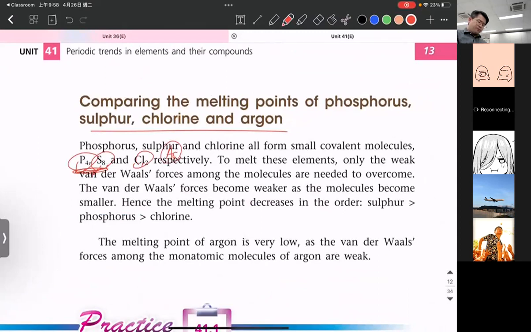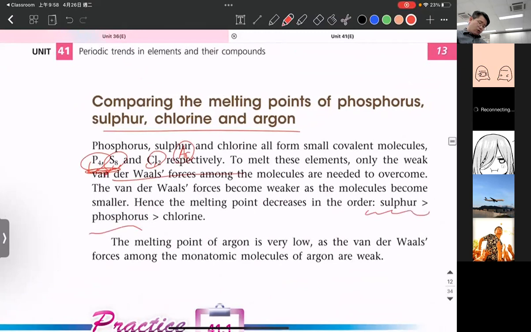The van der Waals force among them has that order, which corresponds to the difference in molecular size. Also in this pattern, S8 being greater than P4, being greater than Cl2, being greater than Ar. All of it, please mark it down.